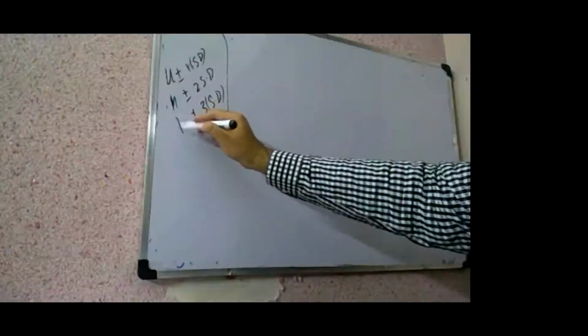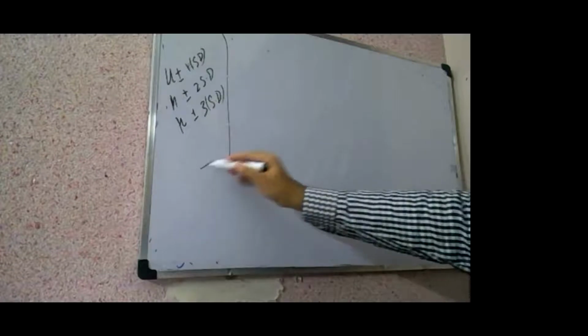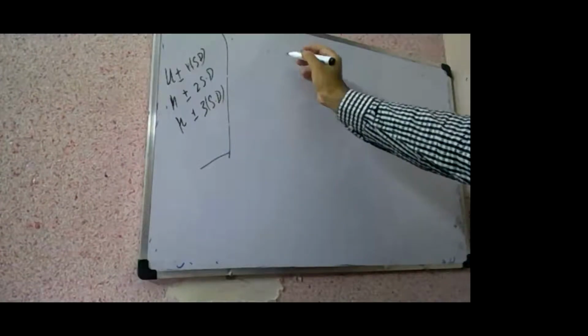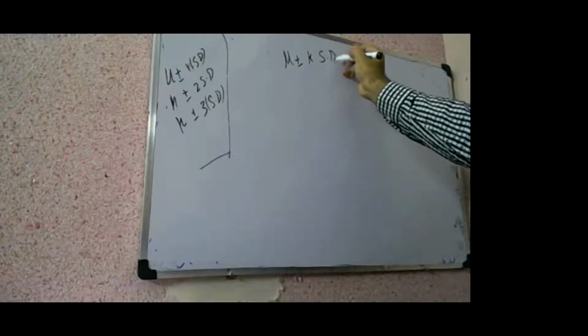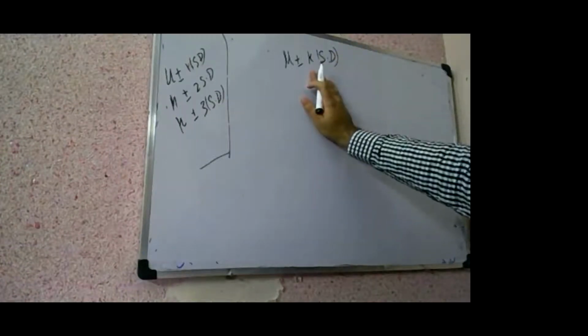In symmetrical we were having mu plus minus sigma, or 1 standard deviation, plus minus 2 standard deviation, and 3 standard deviation or sigma. Here we say the data must lie under mu plus minus k standard deviation. And what is this k percentage?